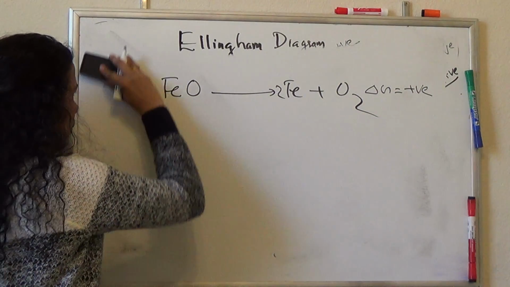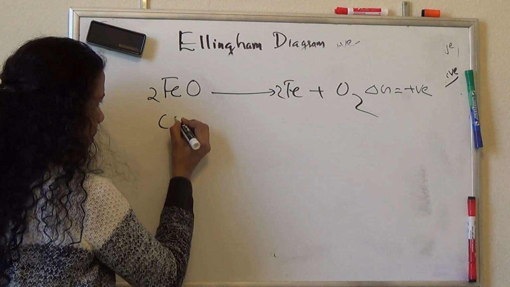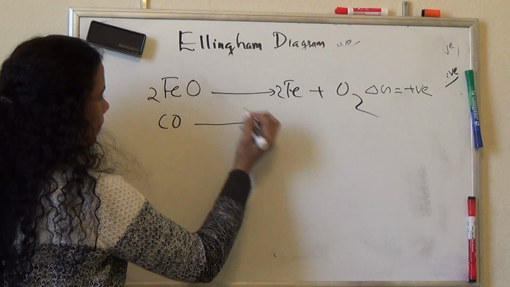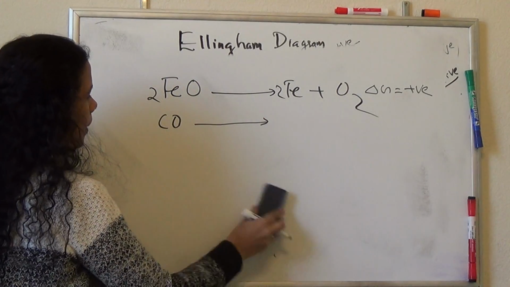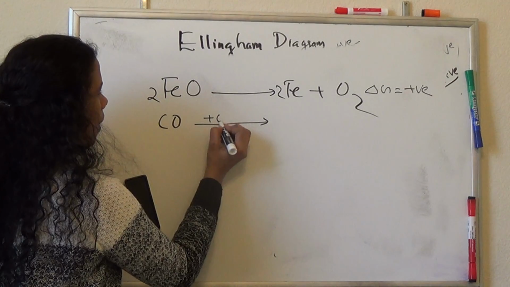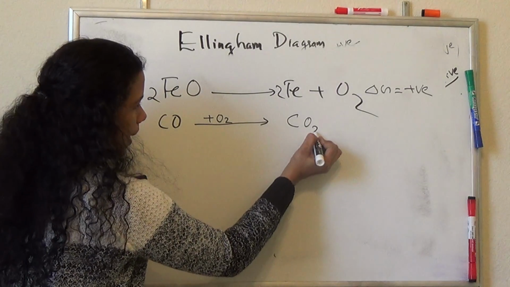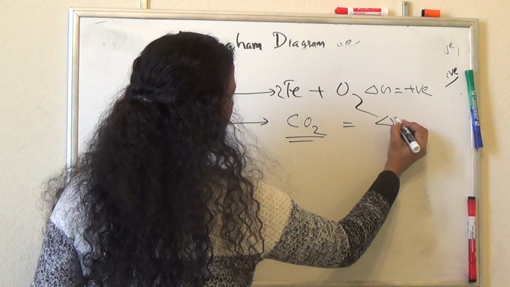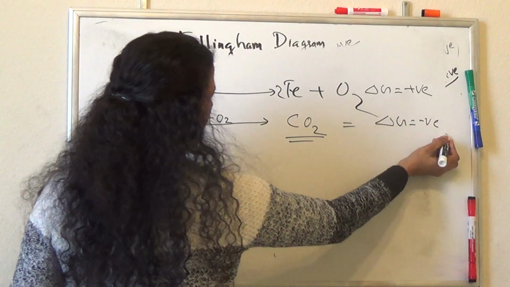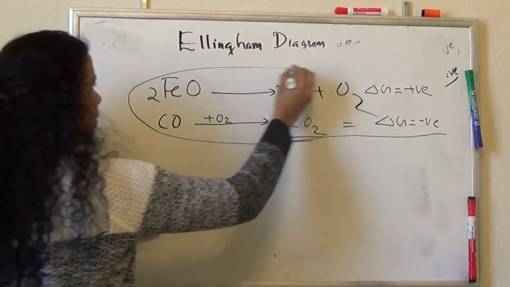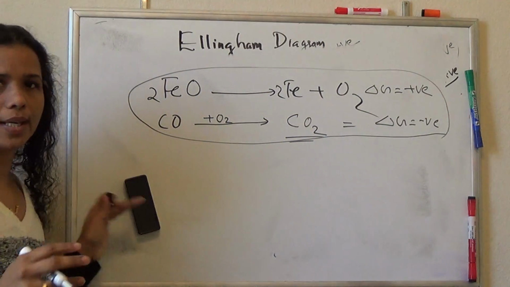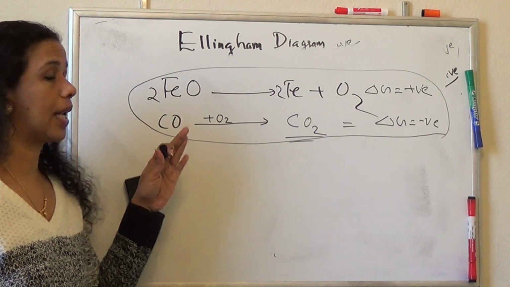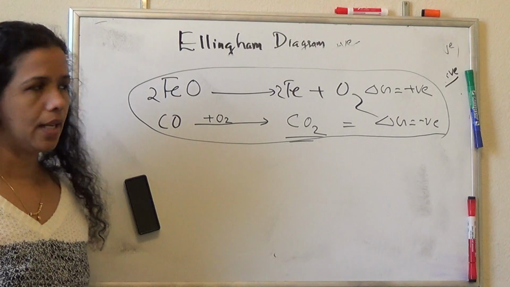So we will choose a reducing agent, carbon monoxide, which will undergo oxidation and form carbon dioxide. It's an oxidation reaction, so its delta G will be negative. Then we are allowing these two reactions to take place together in a system or in a vessel. As a result, we are coupling these two reactions.